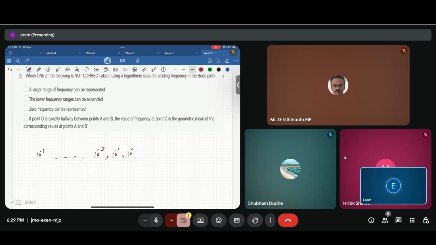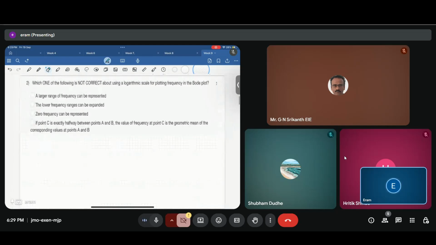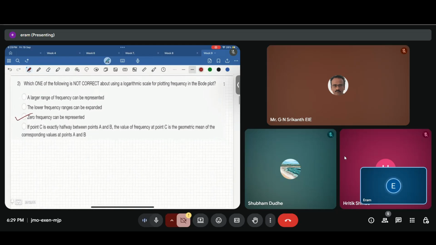Even if we have 10 to the power minus 100, it is not equal to 0, right? So 0 frequency we cannot represent in the Bode plot. So this option is not correct. Zero frequency cannot be represented in the Bode plot.